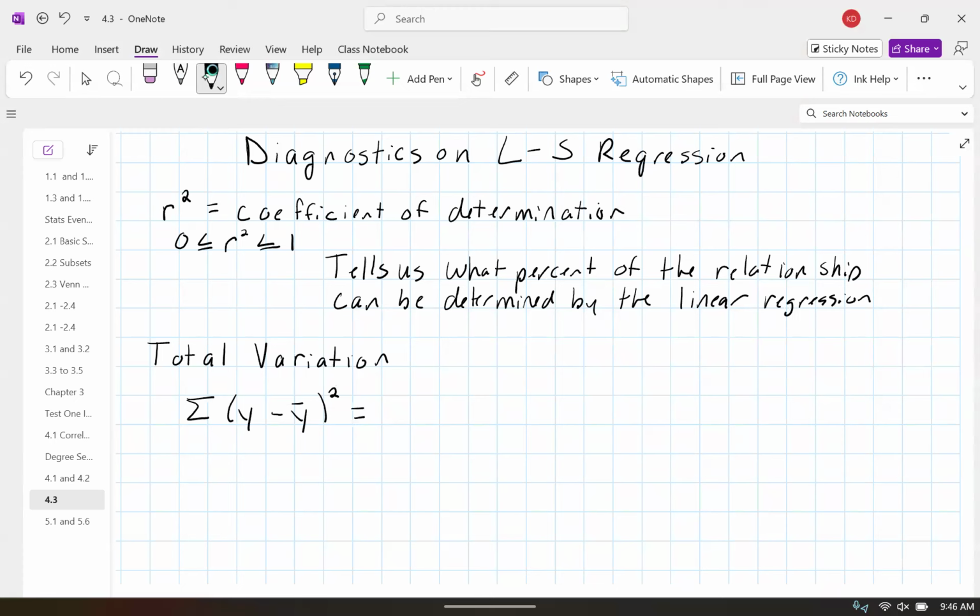And that's going to equal the sum of y minus y hat, we dealt with that before, squared, plus y hat minus y bar squared. Oh, that was our predicted, not measured, y. Right, look at that.